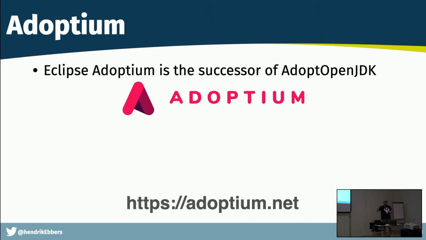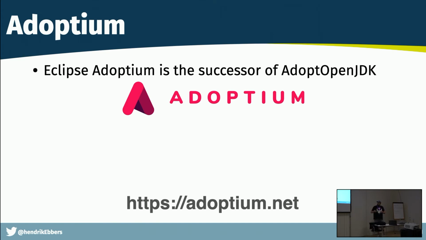And based on this huge count, 2 years ago, we decided that we need to create a foundation, or be part of a foundation or something like this, because AdoptOpenJDK was an idea of some people.